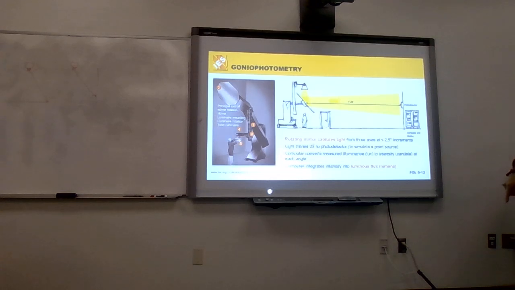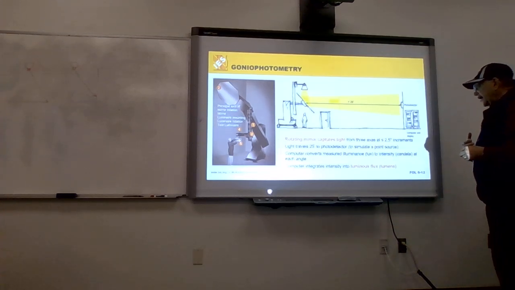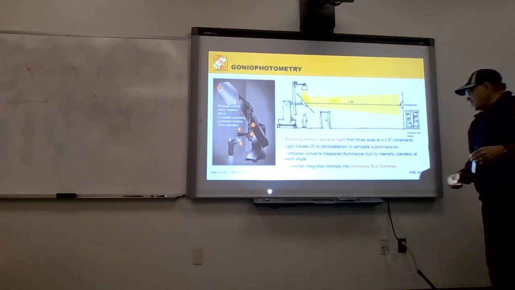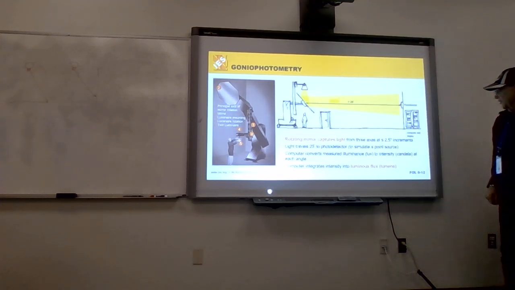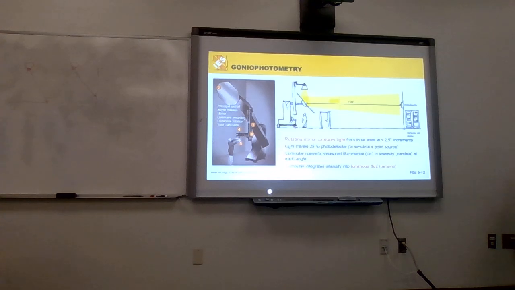Remember, candela is a measurement of intensity and is simply one angle, if you will, of the totality of all the angles emanating from a light source. So the computer integrates intensity into luminous flux, or lumens. That's a goniophotometer. That's one method. By the way, it's becoming outdated.